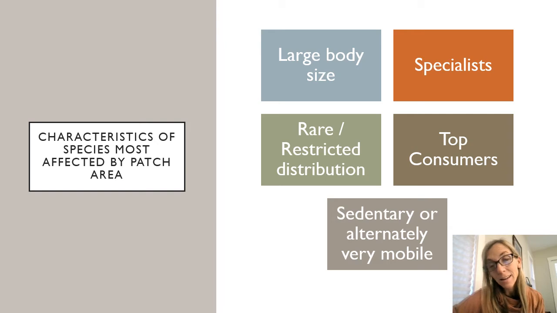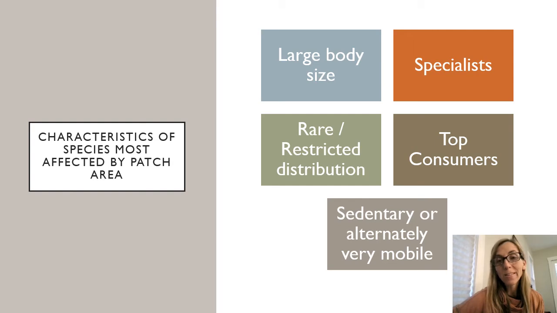They tend to occur at lower densities, and for that reason are always going to be sensitive to area. And then we also know that rarity in general, whether it's because they're specialist or species that require larger areas, rarity inherently increases the risk of extinction from a patch.